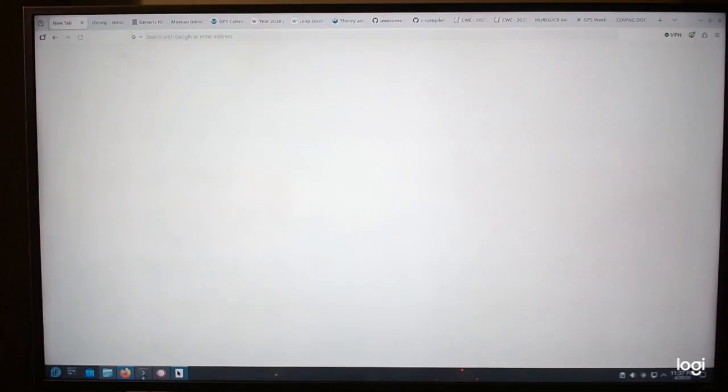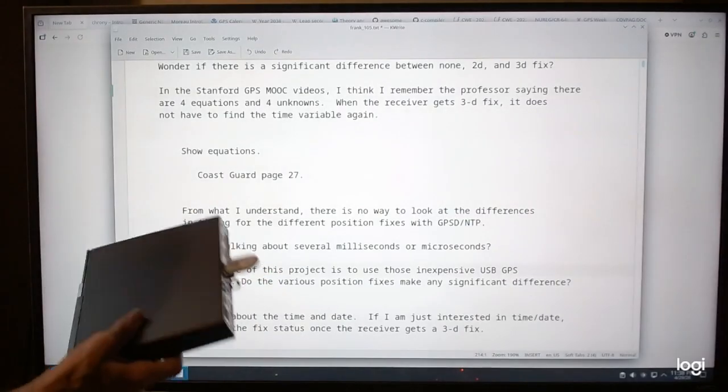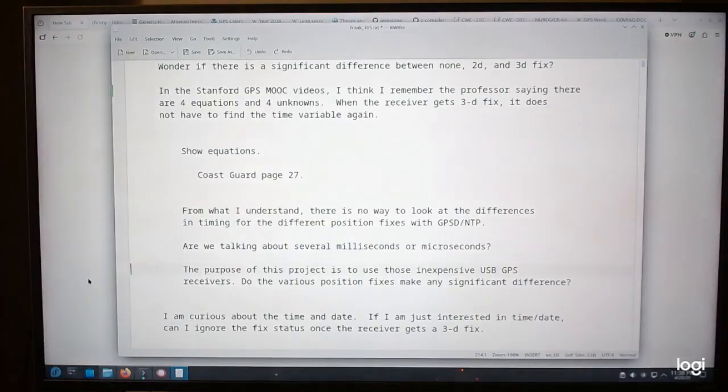There are those equations. From what I understand, there's just no way to look at a lot of these things. We're talking about milliseconds, microseconds, nanoseconds. I don't know. The whole purpose of my project is to use those inexpensive GPS receivers for timing.